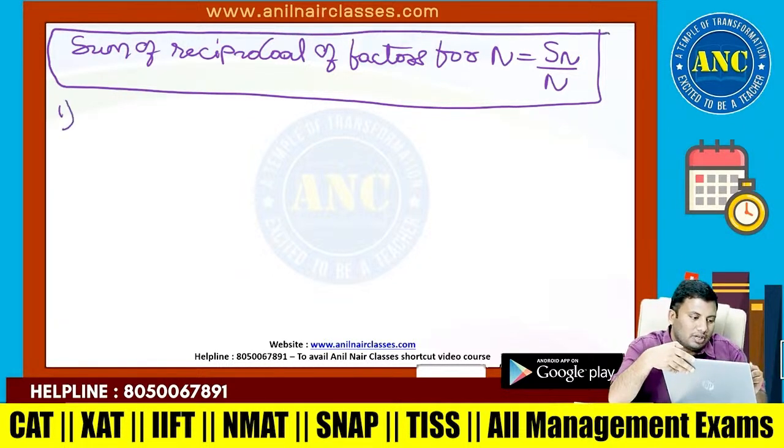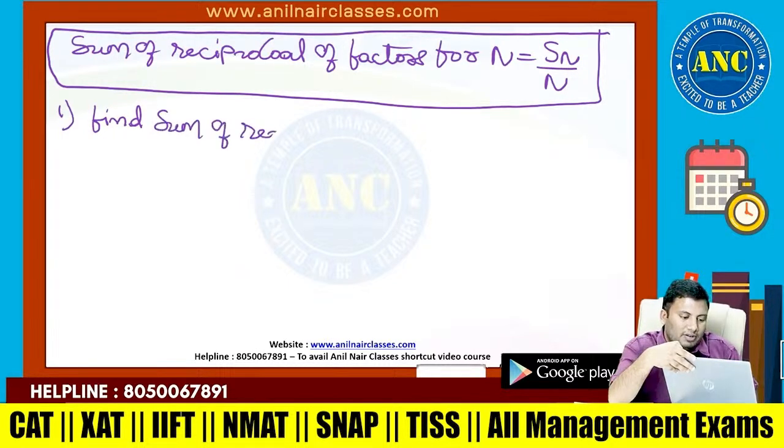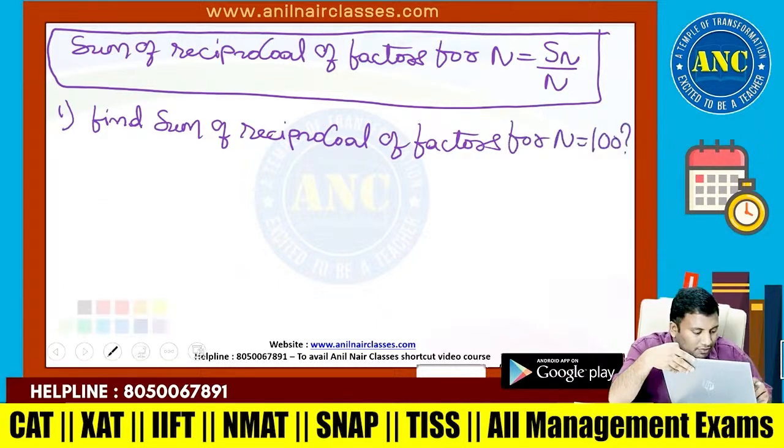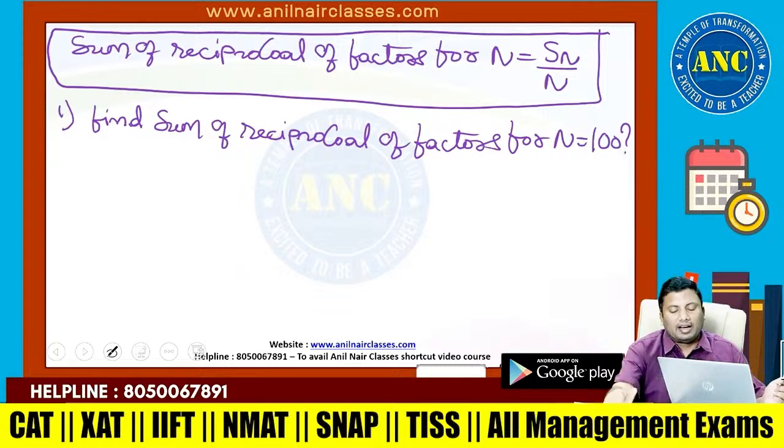First question. Find the sum of reciprocal of the factors for n equivalent to 100.